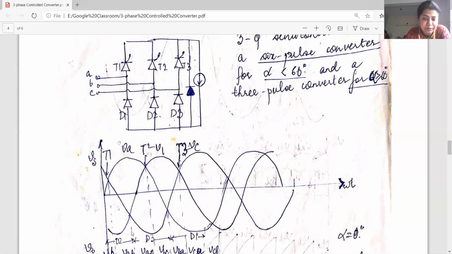That means we cannot provide any firing angle to these diodes. So here the thyristors T1, T2, T3 can be provided with a firing angle. We can change the firing angle of these 3 thyristors, but we cannot change the firing angle of these diodes which are placed in the negative group of the 3-phase converter.